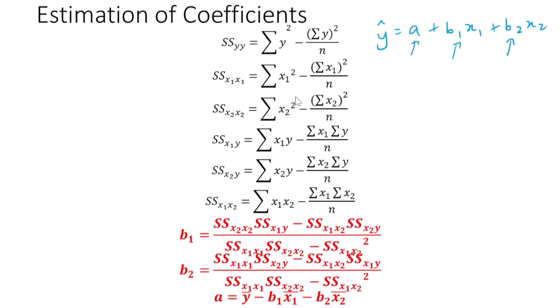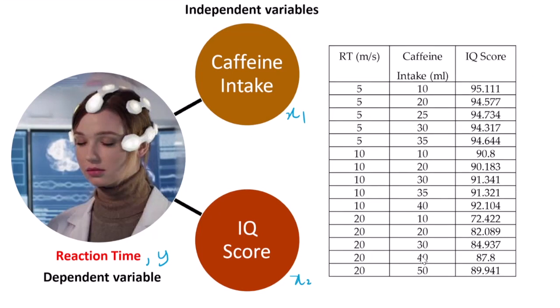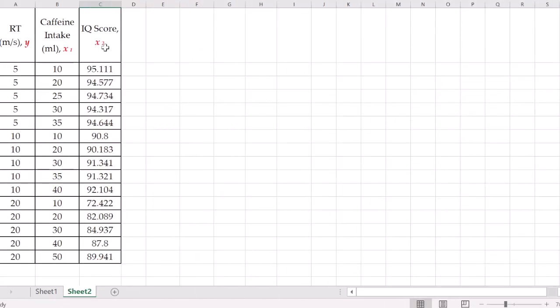So these values are easily calculated using Microsoft Excel. Okay, so we copy and paste the data in Microsoft Excel, and then we could calculate the values of y square, x1 square, x2 square quite easily.